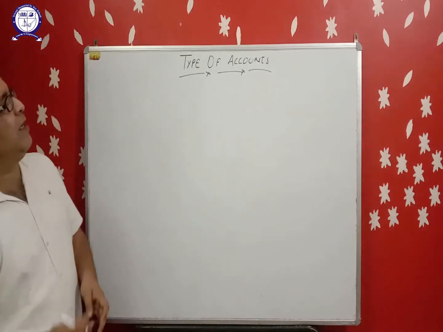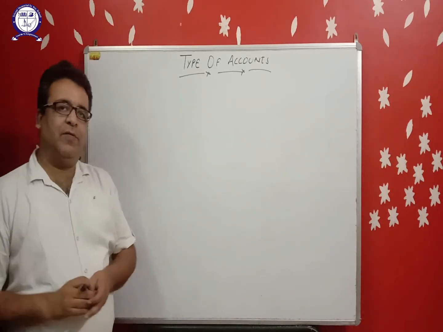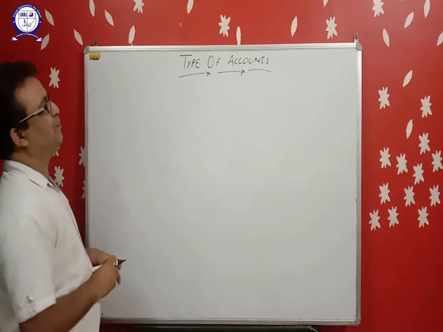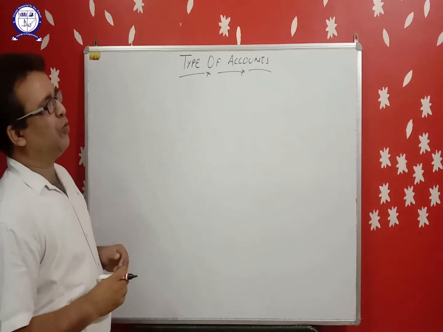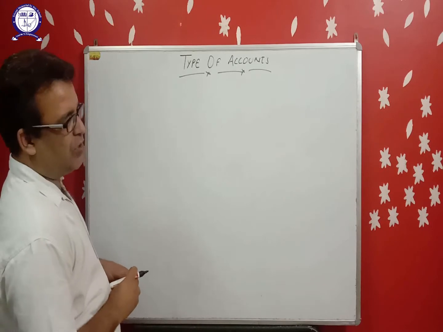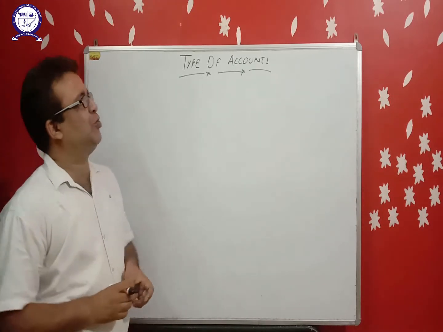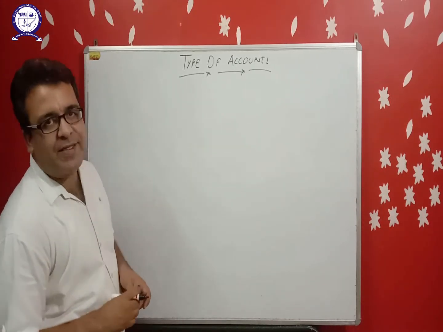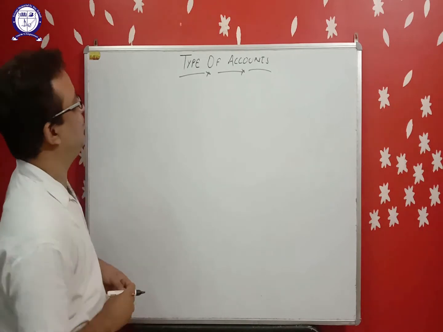There are two approaches for making accounts. Number one, modern approach, which is also called accounting equation approach, and second one is British approach, which is also known as old approach.